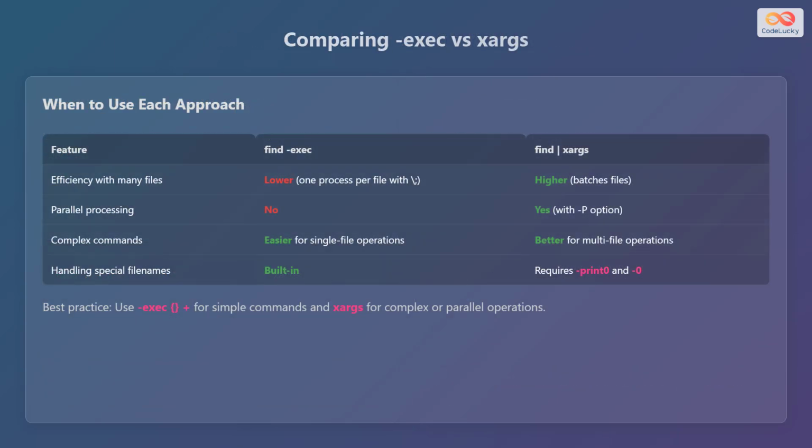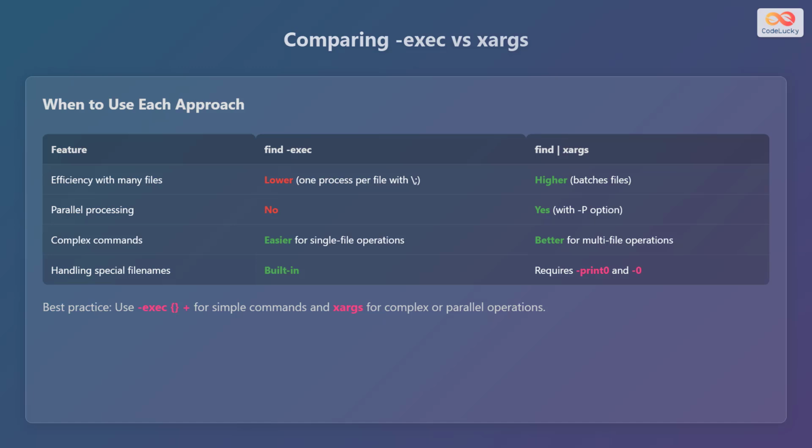Now let's compare exec and xargs to understand when to use each approach. When dealing with many files, exec is slower because it runs one process per file, while xargs is faster because it batches files. In terms of parallel processing, exec does not offer parallel processing capabilities, while xargs does with the -P option.